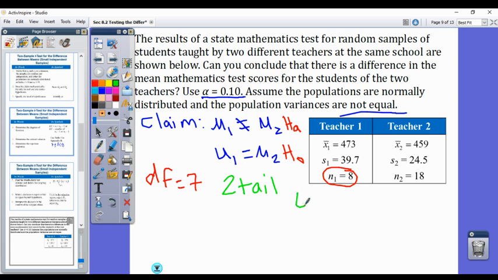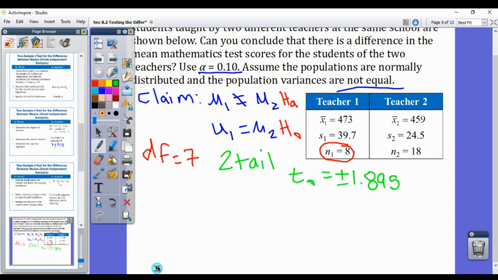So t naught is going to be equal to plus or minus 1.895. All right. So now that we have that, that is telling me that my rejection regions are going to be either less than negative 1.895 or greater than 1.895.